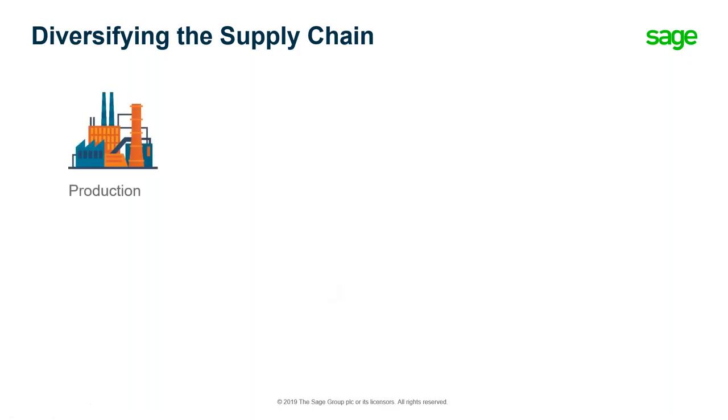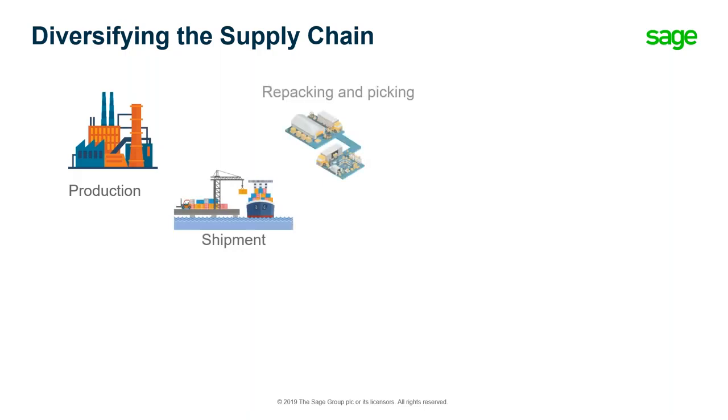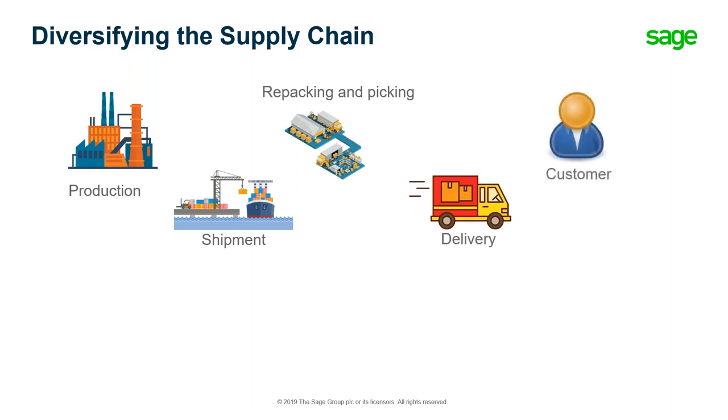So traditionally, every time we produce a certain good, we ship it out, we repack it at the warehouse through a 3PL or our own warehouse, and then we deliver it to the customer. So amidst this current situation, right, agility is key to navigate it, and a lot of these businesses today are actually moving their supply chains closer to the customer, right?